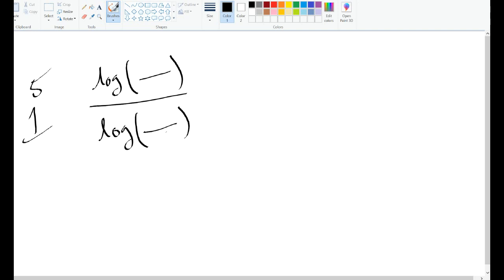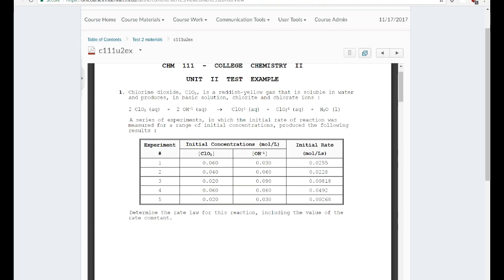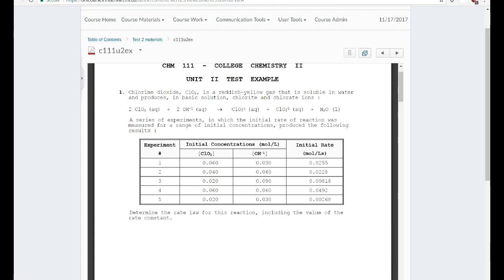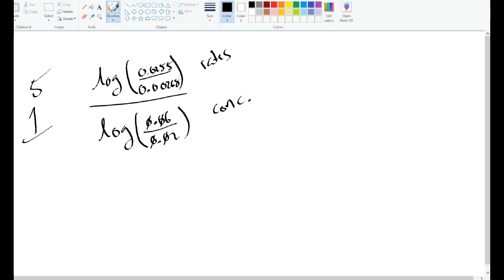It's going to be rates over concentrations. So, run 5 and run 1. 0.06 for run 1, 0.02 for run 5. That's our concentrations. And our rates, 0.0255 and 0.00268. So we go ahead and plug that into a calculator.